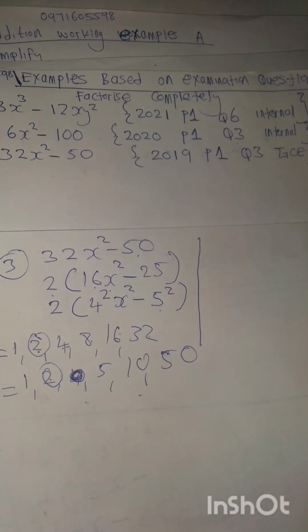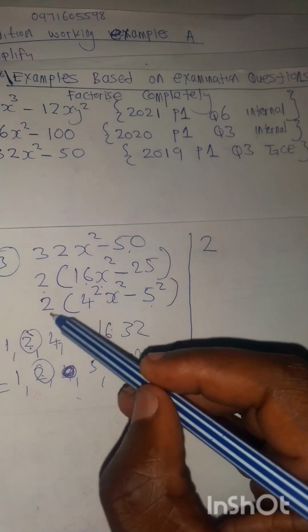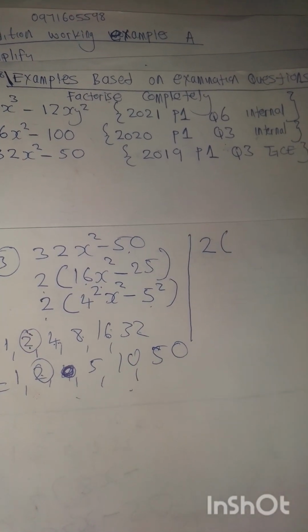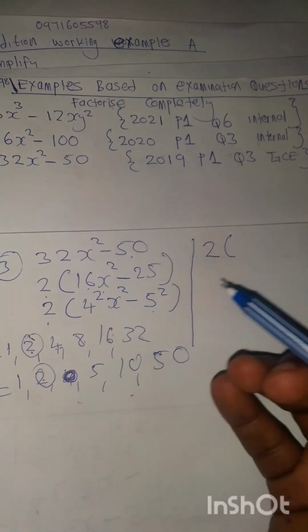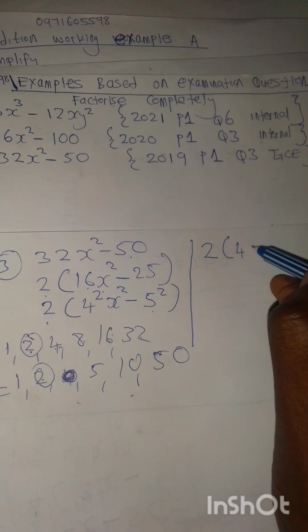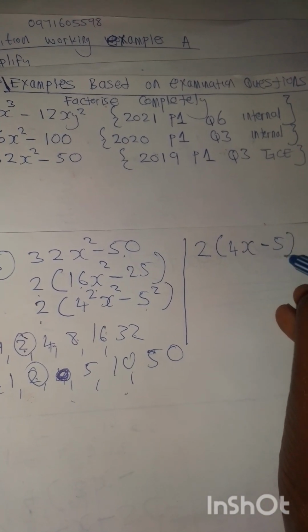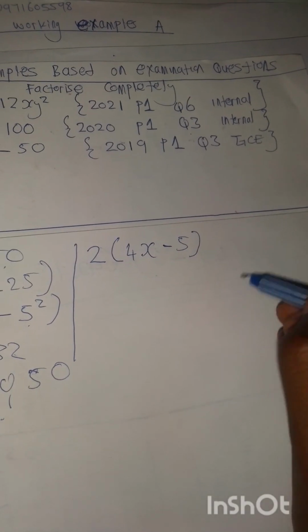Out of that, we're going to repeat. So 2 will be maintained. Then we open the bracket. Here there are 4 and x, so we just pick 1 of each: 4 and x. Minus, we pick 5. We do the same, but we change the sign.